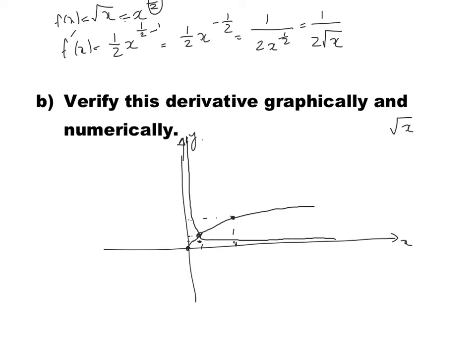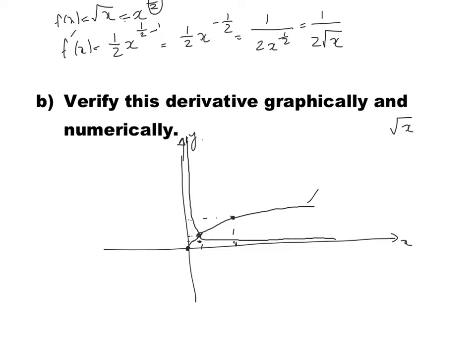Now, if you look at the graph of square root of x, you can see that at x equal to 0, we do not have any derivative, because there is no left limit here at x equal to 0. There is right limit, which is 0, but there is no left limit. So limit doesn't exist.